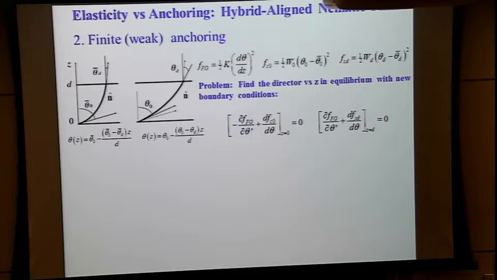So that means that my problem now reduces to the following. In the bulk, I still have the same free energy density expression that depends on the derivative of the angle with respect to the vertical coordinate z. But then at the surface, I introduce the surface anchoring penalty for the deviations of the actual orientation theta naught from the easy direction imposed by the substrate, which I denote with theta naught bar.